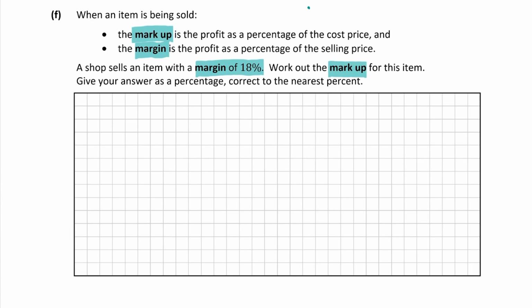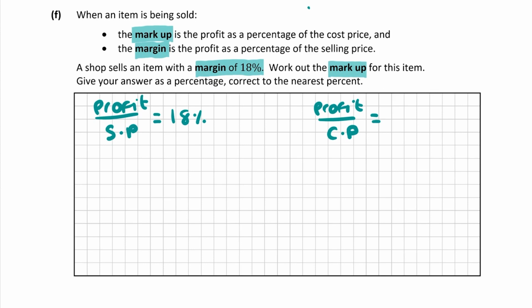So let's write down what we know. The margin is 18%. So that is our profit over the selling price, my apologies, and that is 18%. We're looking for the markup. The markup is the profit all over the cost price. Now, we're not told the selling price or the cost price, but we can work those out given the information that we have.